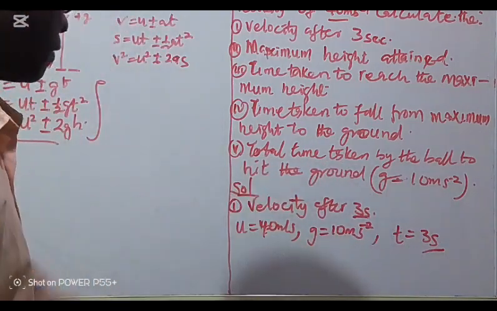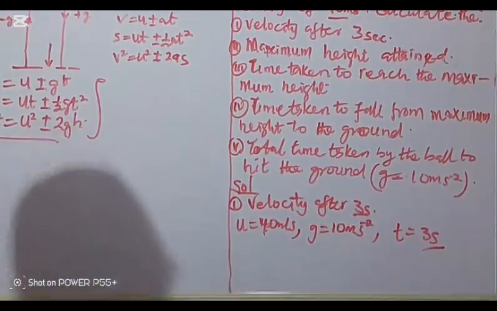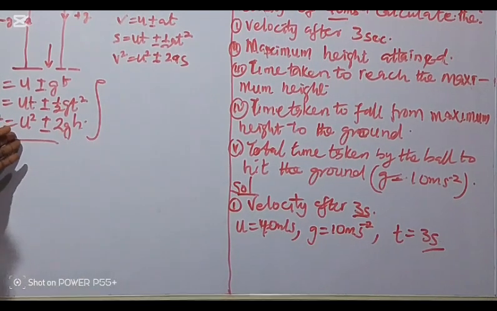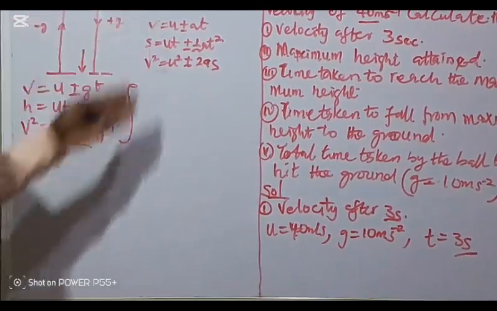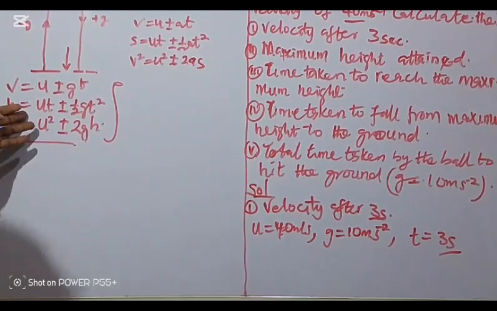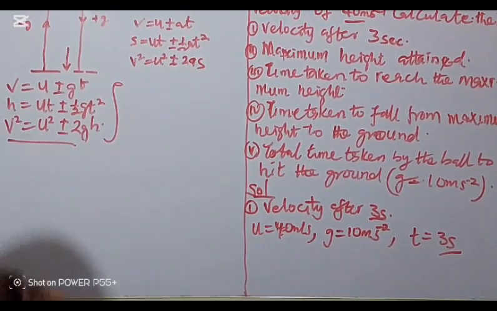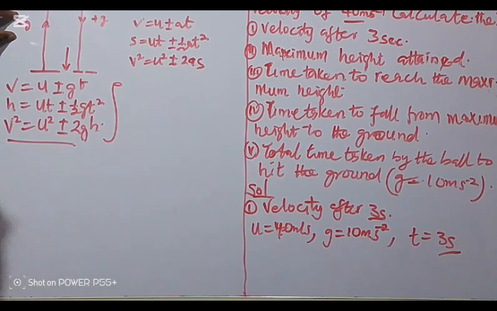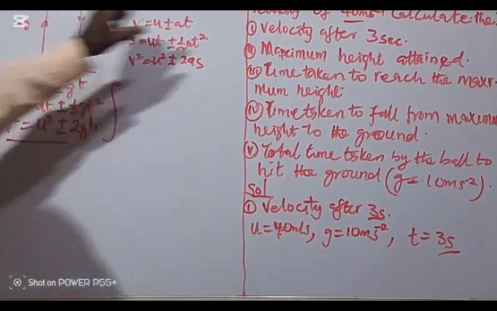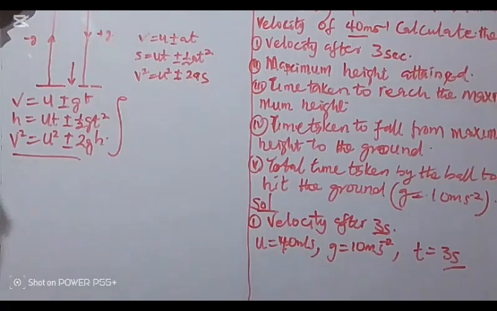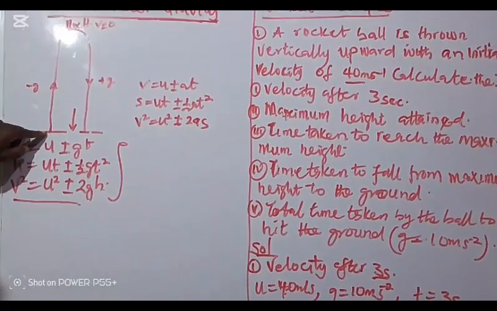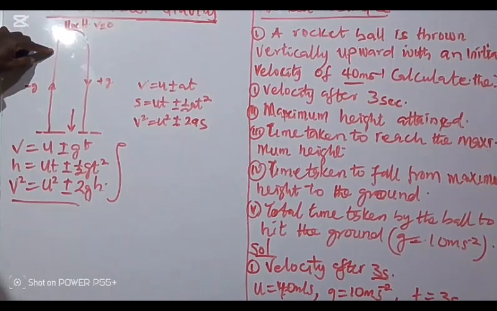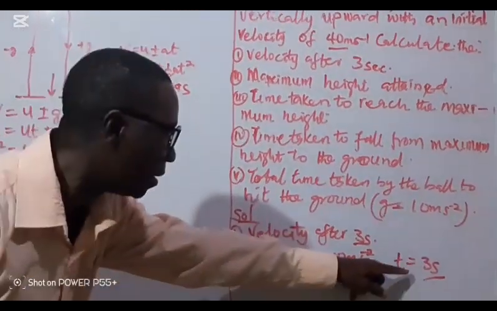So to calculate the velocity after 3 seconds, let's come back to our formulas. This one is for linear motion, while this one is for motion under gravity. The question says velocity after 3 seconds. It means, according to this diagram, this rocket ball has not yet reached the maximum height, but it has moved from the ground level to a certain velocity, and we have been given the time, which is 3 seconds.